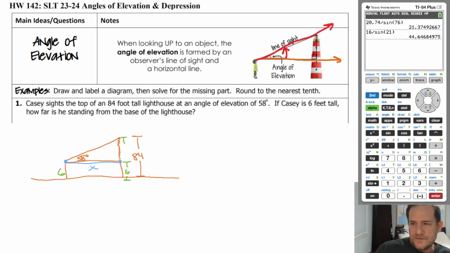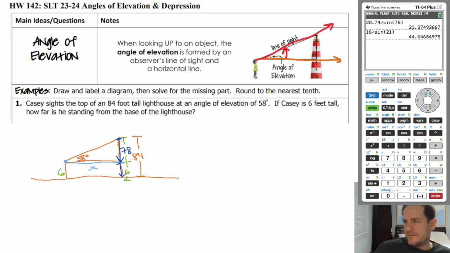So this part of the lighthouse wouldn't be the full 84, because we're losing the 6 feet that he stands up. Take 6 away from 84, and you're left with only 78.